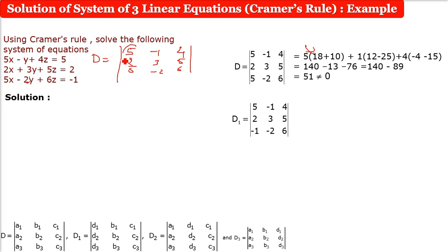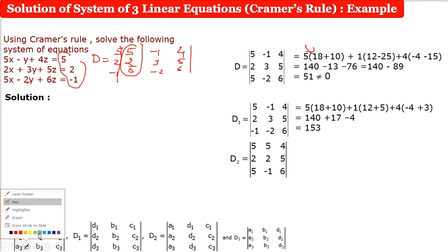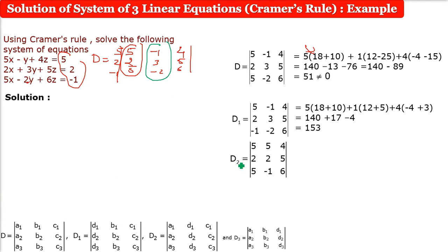Now in place of the first column, replace it with whatever is on the right hand side, 5, 2, negative 1. Other things remain the same in D. You'll get a determinant which we call D1. D2 is what? The middle one, because we are targeting y here. So this one, negative 1, 3, negative 2, has to be replaced by 5, 2, negative 1, and again the determinant has to be found.